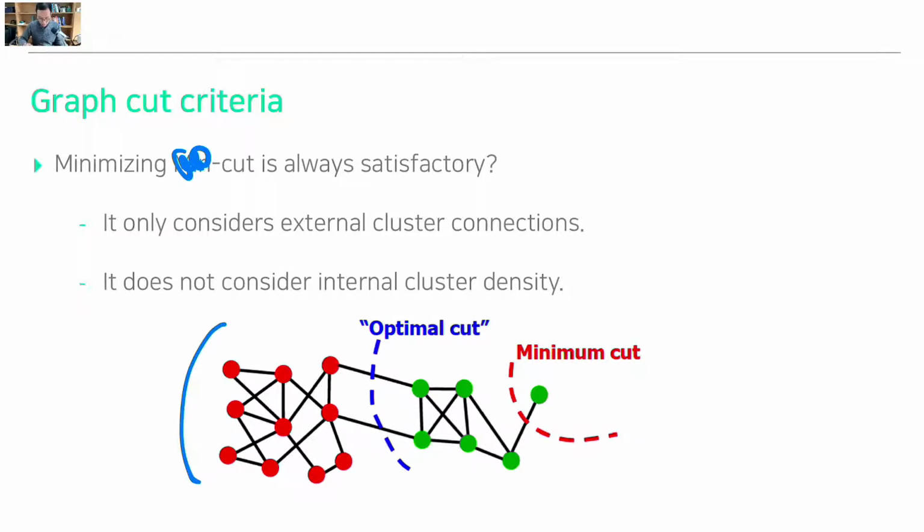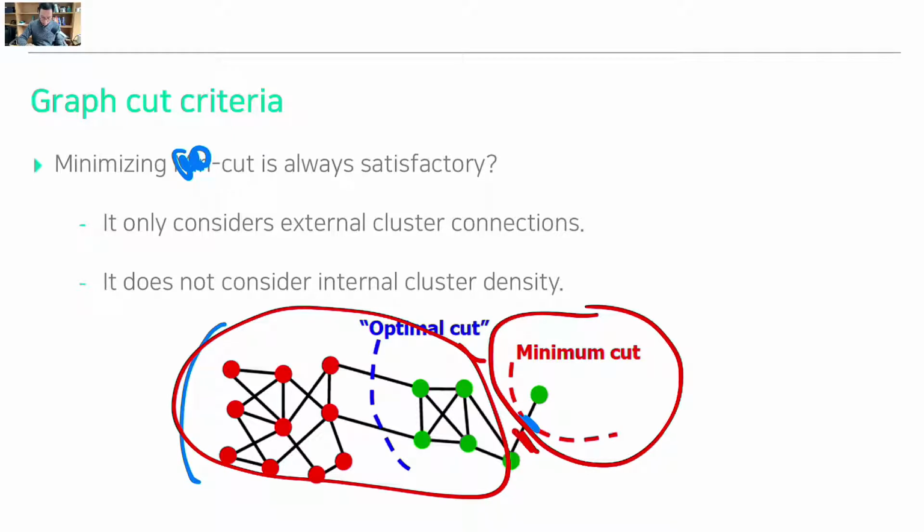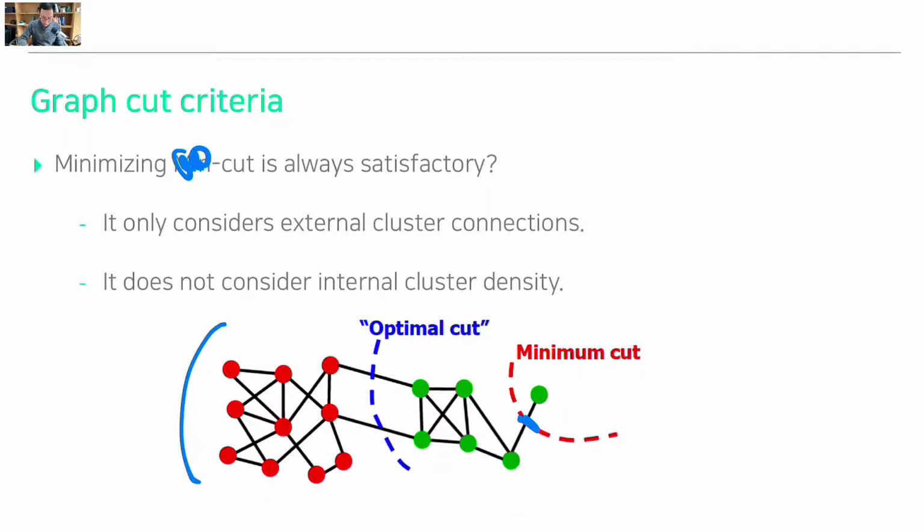In this case, the minimum cut is this one, when we define the partitions like this and this, because the minimum cut is just one, with one edge between the two partitions. But to us, it looks not optimal. Considering the ground truth here, the optimal cut is found in this direction.